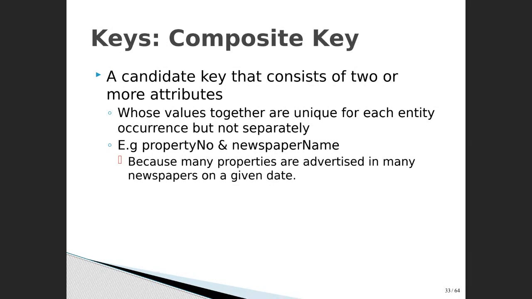Composite key is another type of candidate key that consists of two or more attributes, like, for example, two primary keys that identify this distinct object. Like what I said, viewing: I am viewing this property, a house.